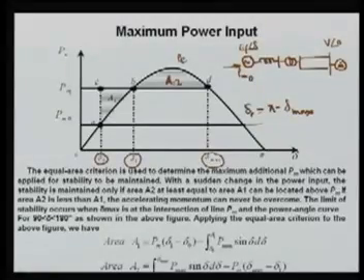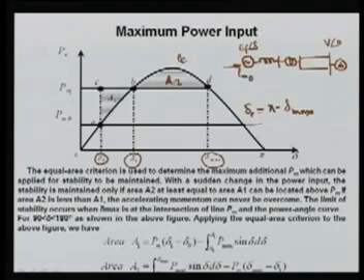Here area A1 is the oscillating power. To maintain stability, area A2 must be at least equal to area A1. If area A2 is less than area A1, the oscillating momentum can never be overcome.